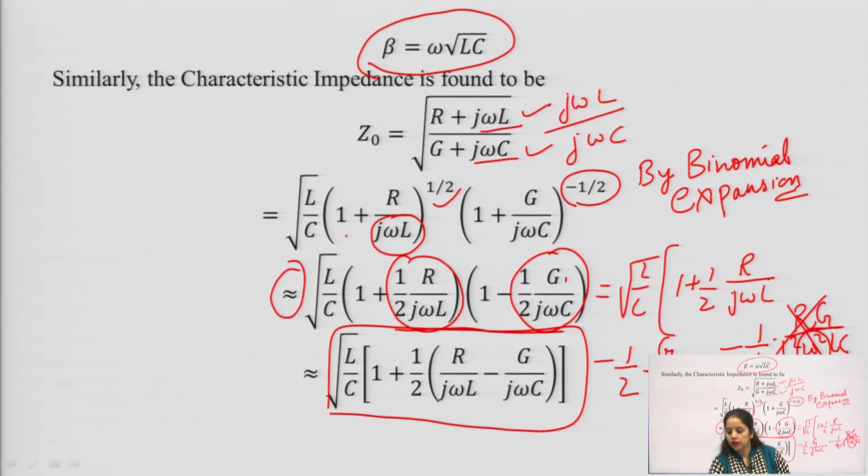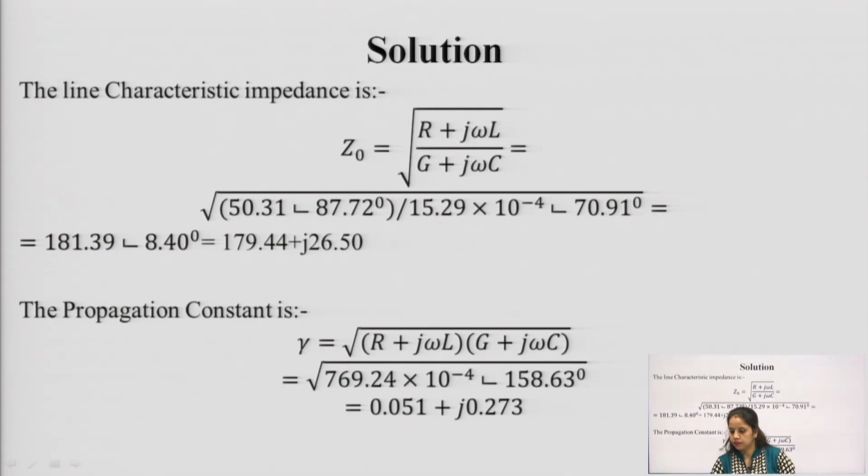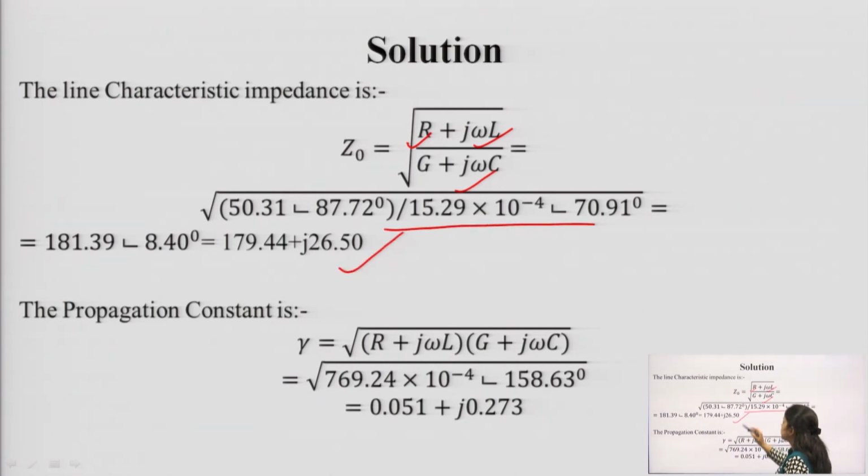First of all we will have the characteristic impedance formula. So, this is the formula of the characteristic impedance. Substituting the values, we get these expressions.